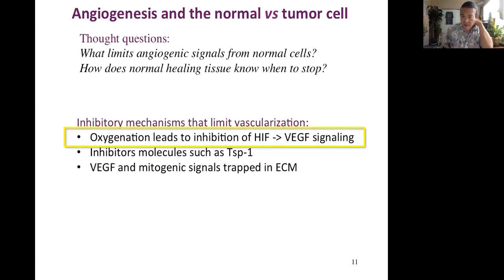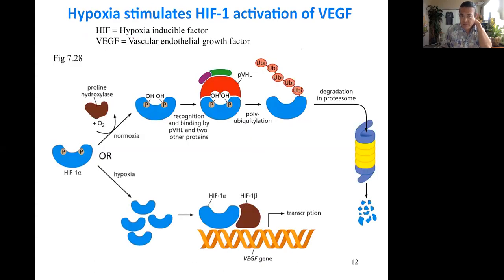So let's start off with the first one. We've already talked about this before, so you've seen this. This goes back to chapter 7 when we were learning about different types of tumor suppressor genes. So we learned that we have a protein known as HIF1 that helps regulate things like the expression of the VEGF protein.